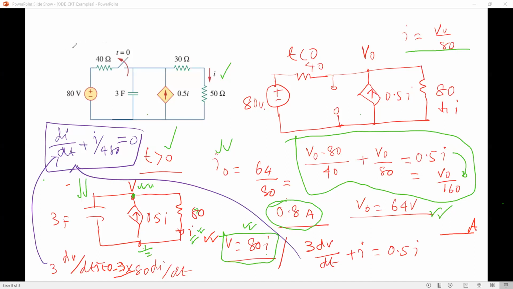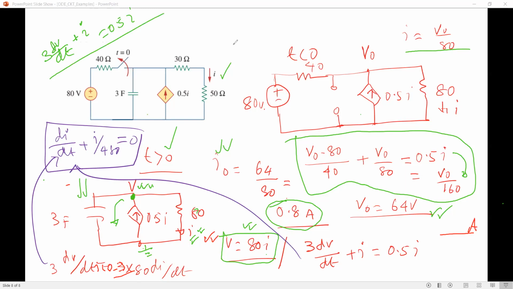Yes, sir. And the current leaving another node through this node is equal to I. And current entering the node is equal to 0.5 I.